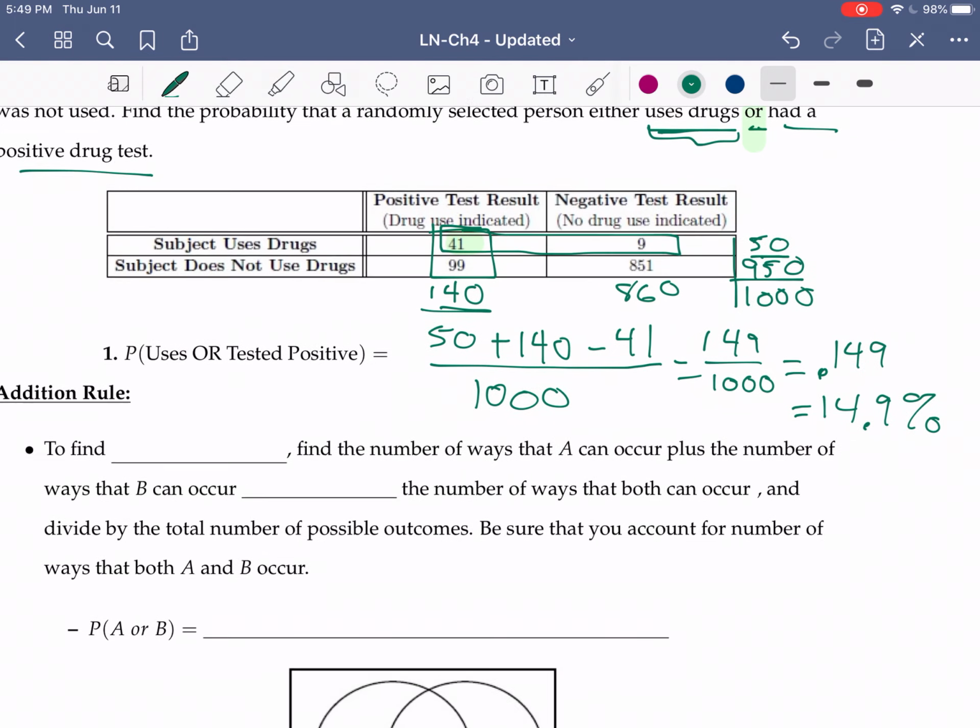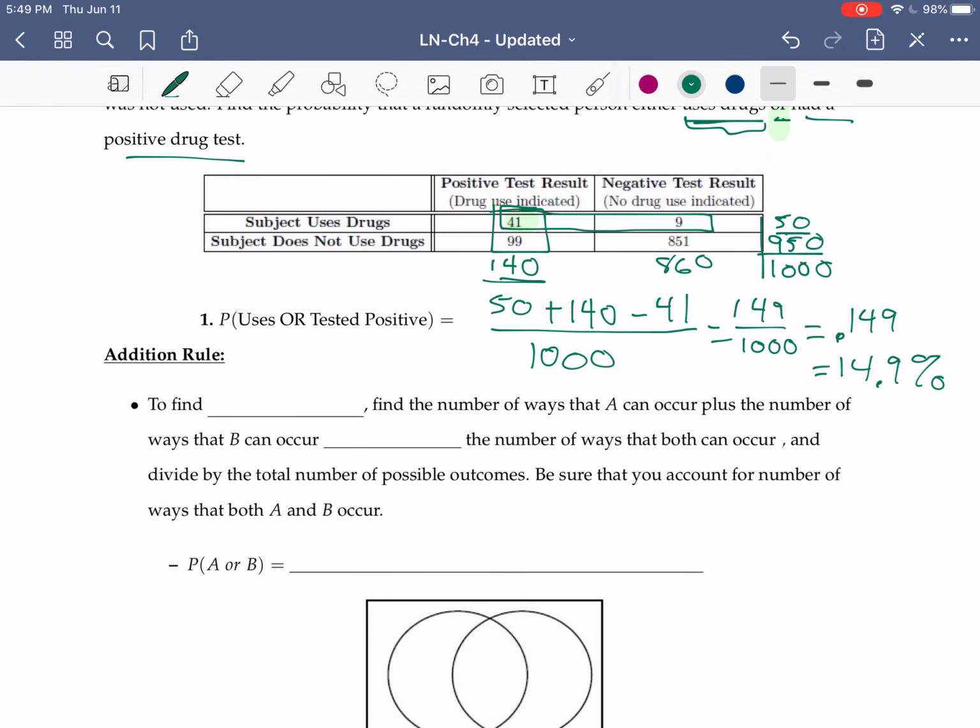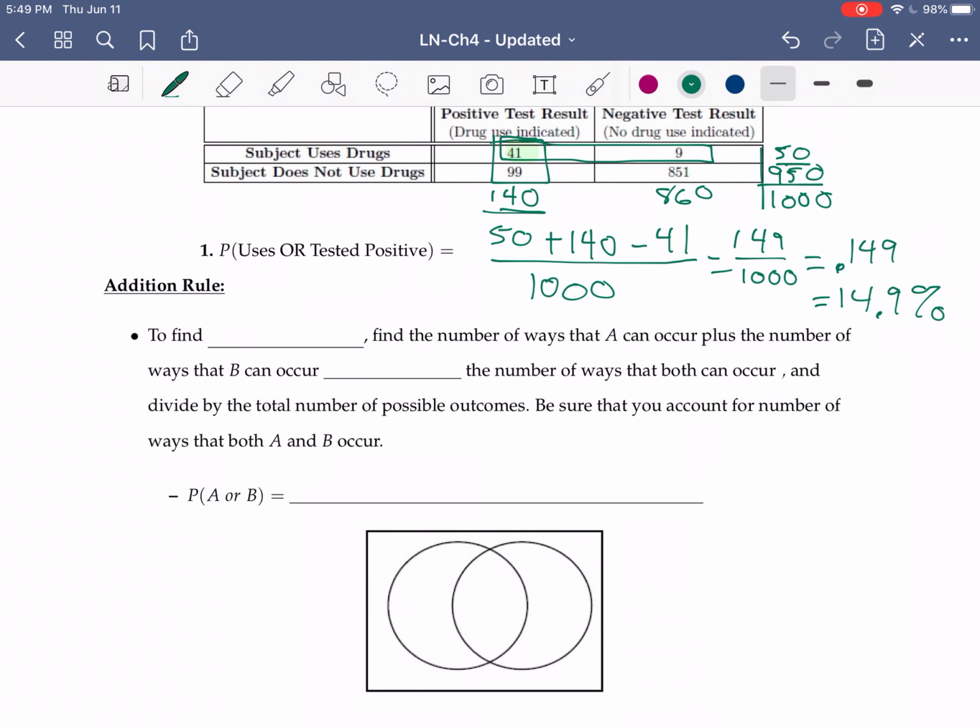That would be the probability that a person either tested positive or they used drugs.